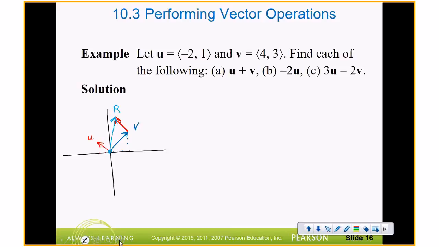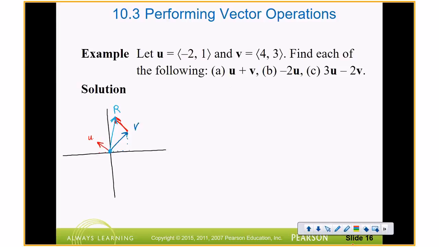So now we've got A plus B. So let's take A plus B. And A. U is -2, comma 1. Let's go with red.